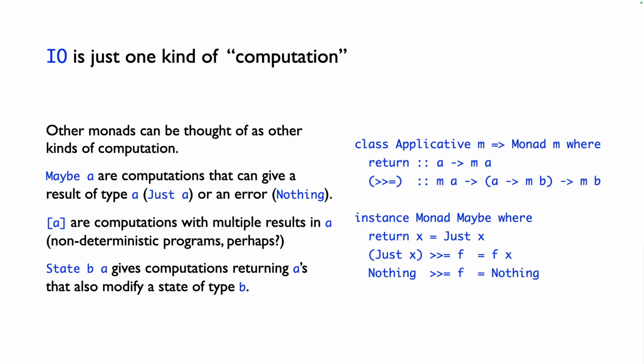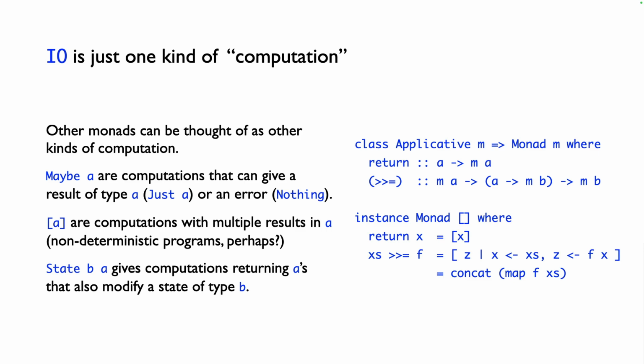Well, then we'll apply f to that x to give f of x. And in the second case, where the m of a returns Nothing, then we simply return Nothing. So what that does is it applies f if there is a value to apply it to, otherwise it returns Nothing.